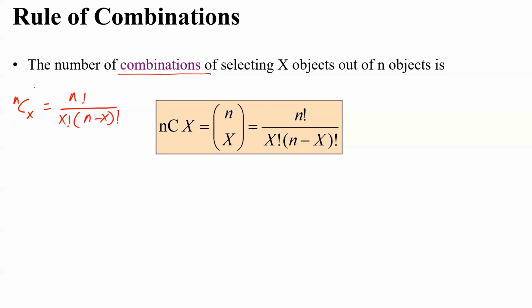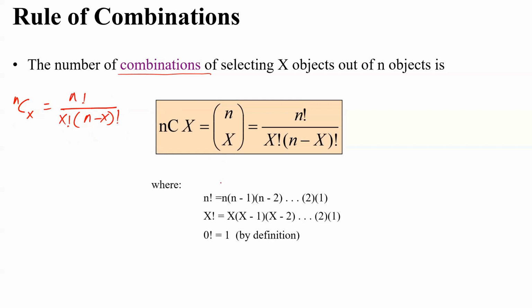This is a formula you need to remember in order to determine how many combinations can be formed. I'm sure you all know about it. You have learned that before.